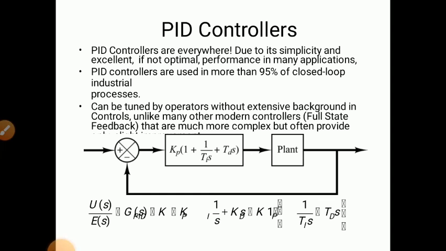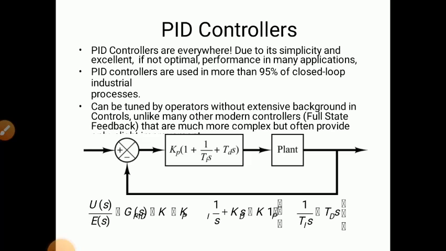First of all, we need to understand PID controllers. PID controllers are everywhere due to their simplicity and excellent performance, if not optimal performance, in many applications. PID controllers are used in more than 95% of closed loop industrial processes. They can be tuned by operators without extensive background in controls, unlike many other modern controllers.